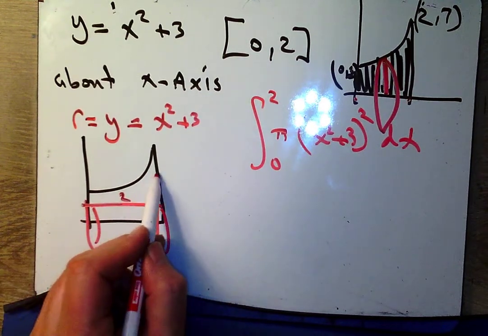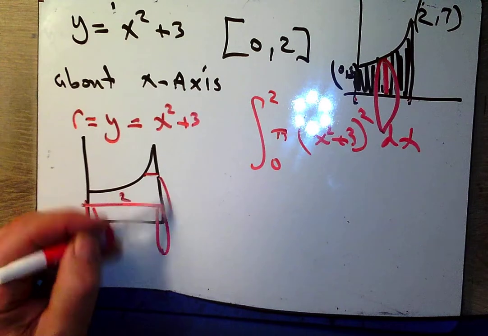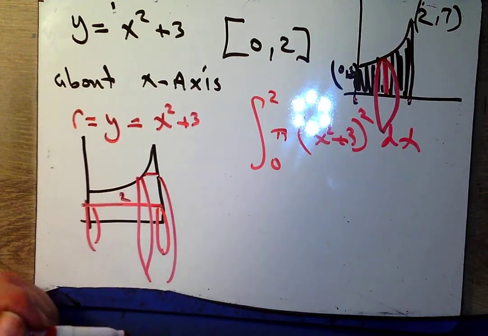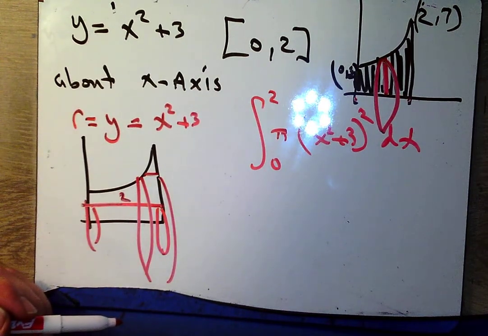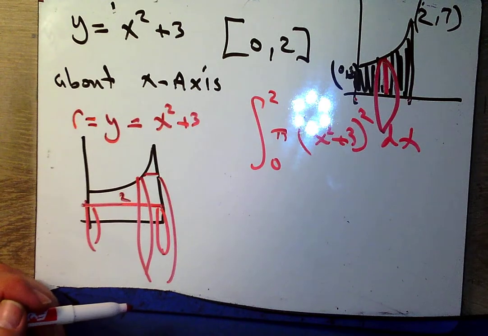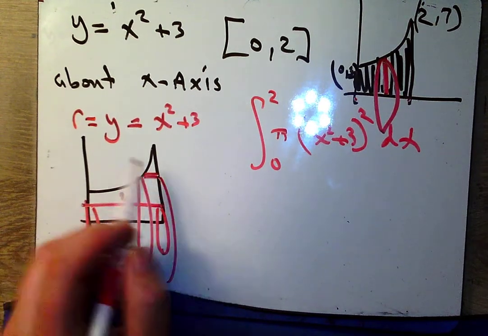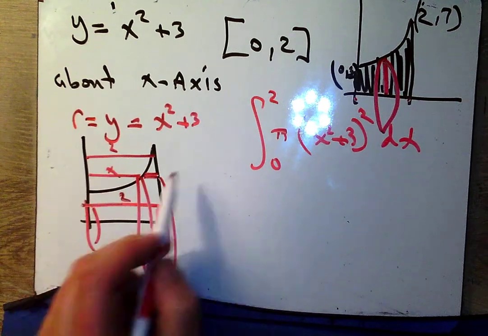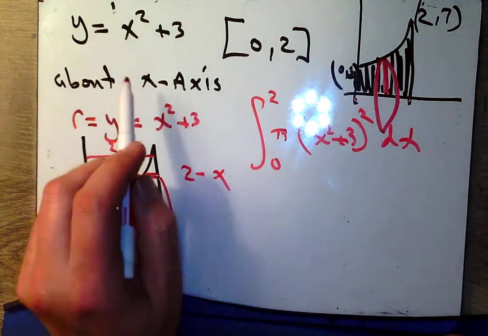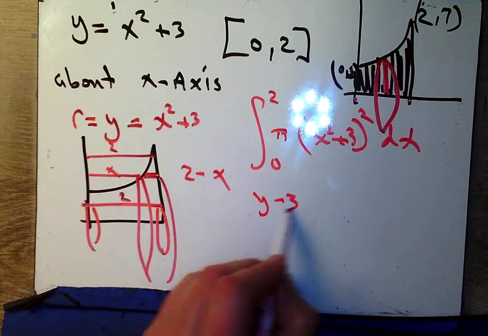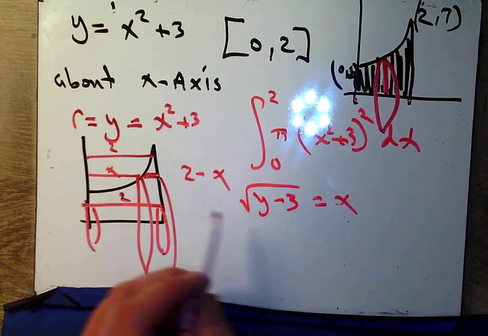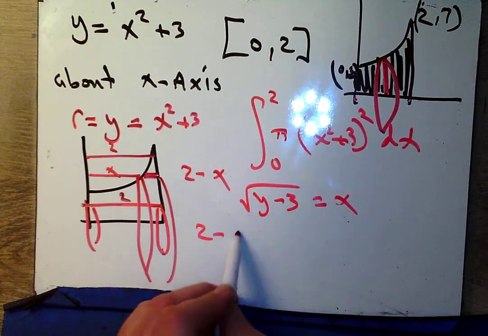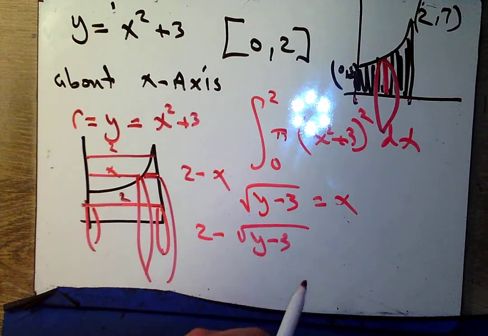But if I drew my line here, my height is no longer a constant. So my height is now 2 minus x. And x is the square root of y minus 3. So we want 2 minus the square root of y minus 3.